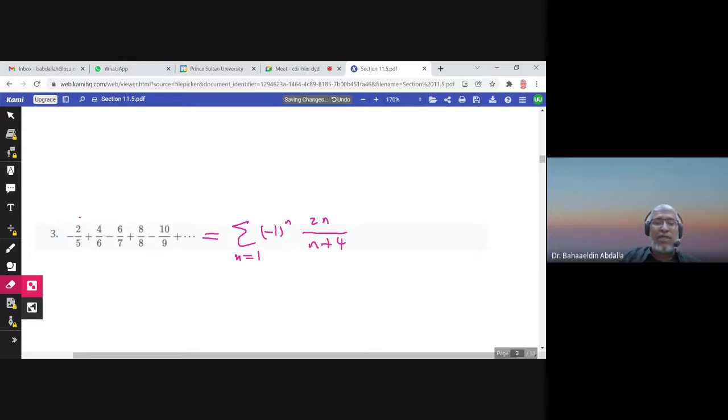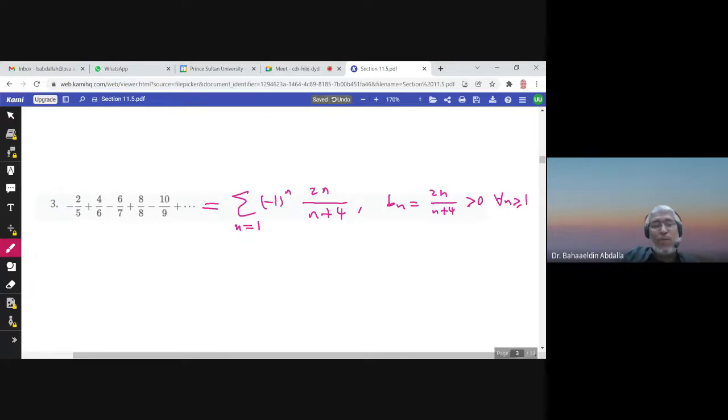So this is the series, and Bn in this case is 2n over n plus 4, and it is greater than 0 for all n greater than or equal to 1. Now if we find the limit of Bn when n goes to infinity, we will find, after taking the highest power, that the limit is 2. 2 is not 0.